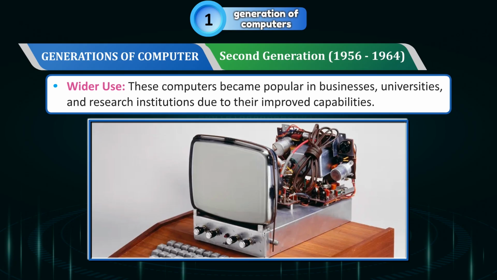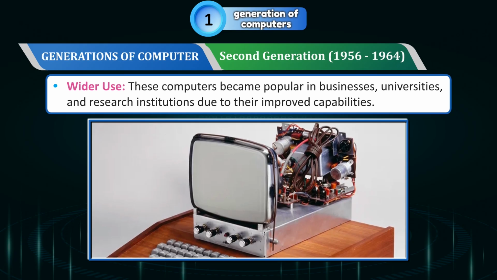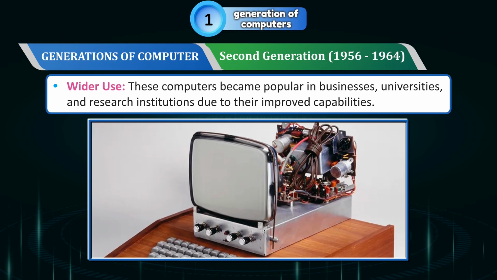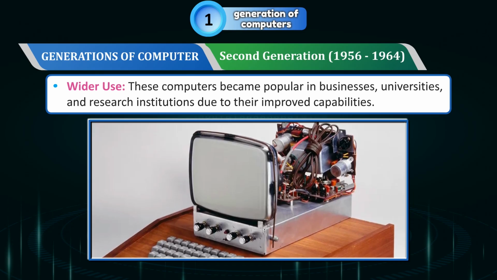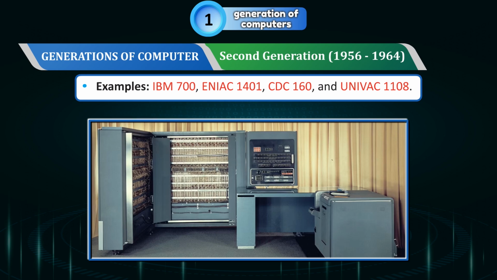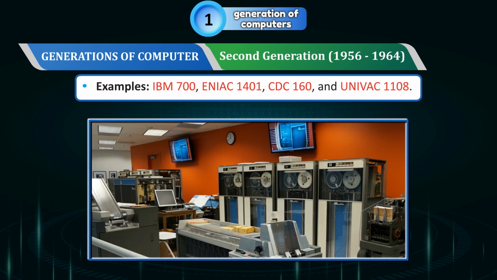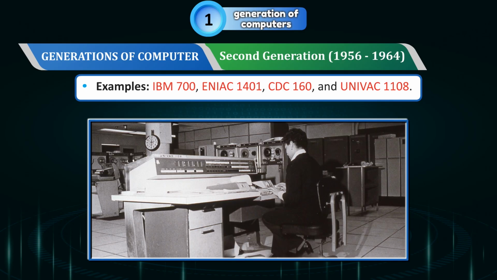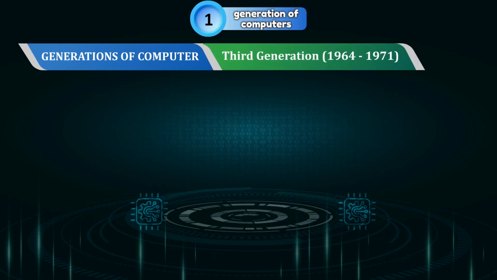These computers became popular in businesses, universities, and research institutions due to their improved capabilities. Examples: IBM 700, ENIAC 1401, CDC 160, and UNIVAC 1108.